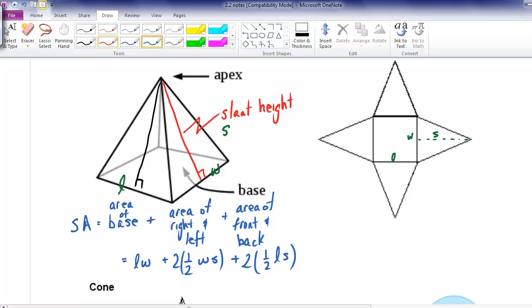The height of the pyramid is the perpendicular distance from the apex to the base. So that distance there, that is the height of the pyramid when we run into those examples.